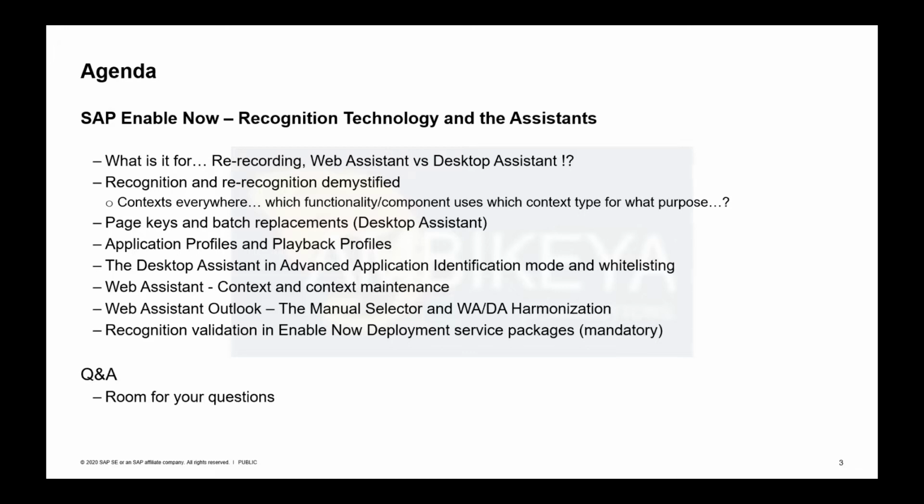And then we're going to move forward to how web assistant is actually considering and dealing with contexts. What about the context maintenance, and an outlook to what's coming regarding desktop assistant.